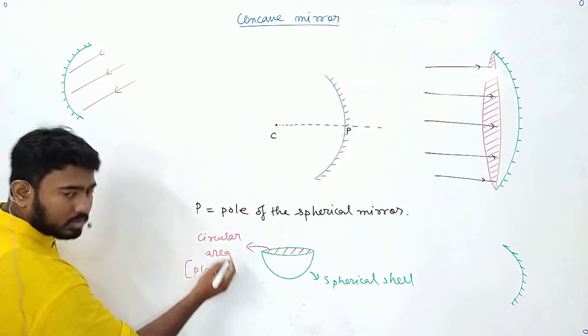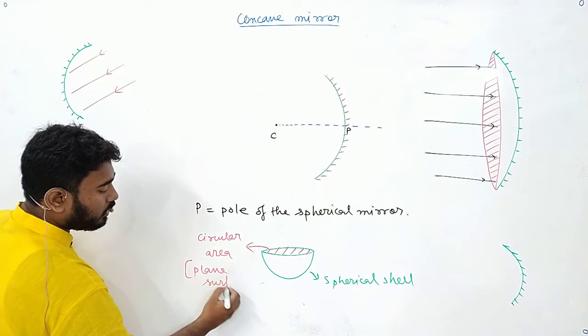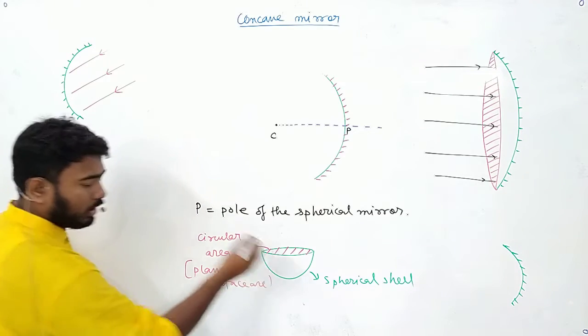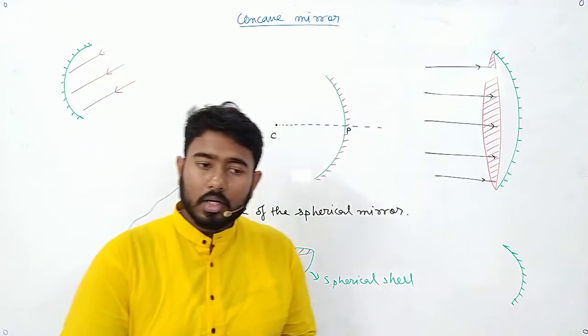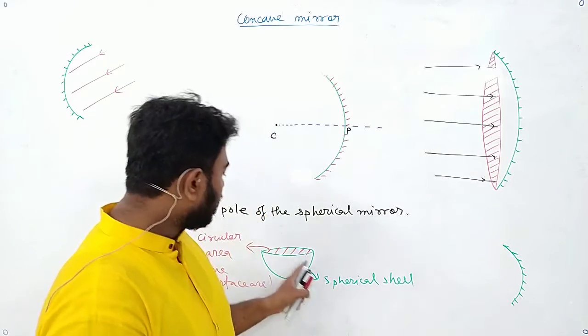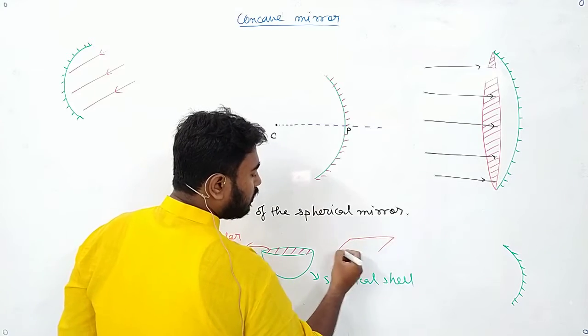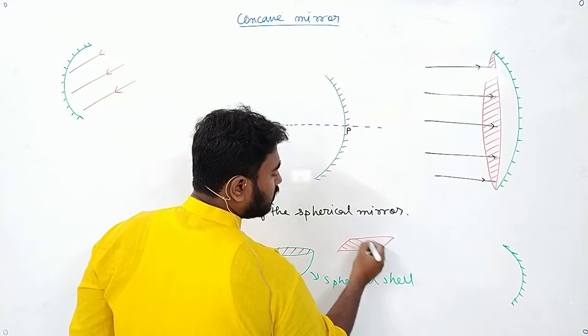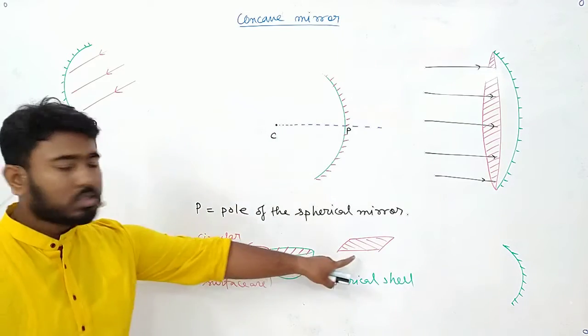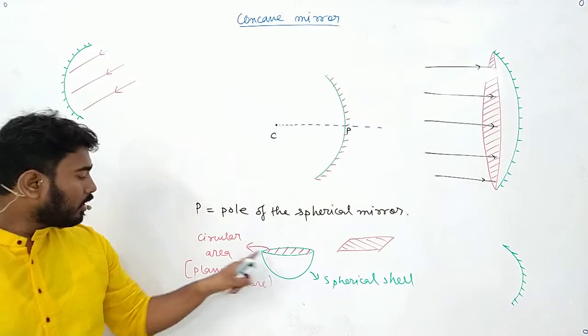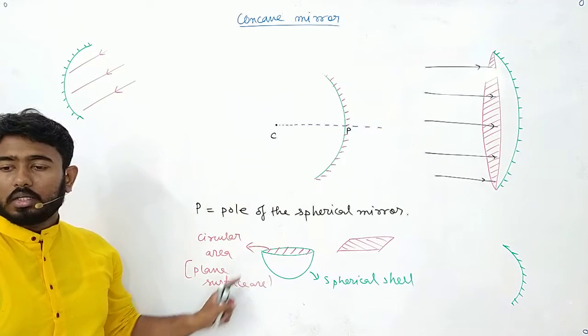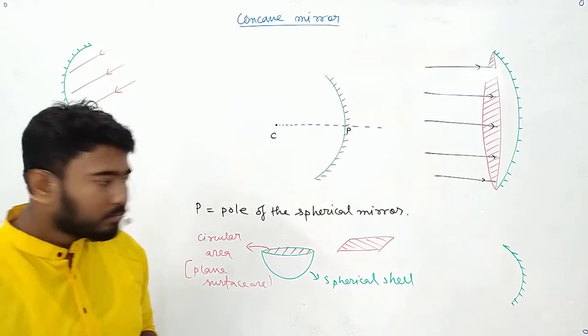It's not a square area. If it would have been a rectangular area, it would have looked like this, right? This is also a plane area. But this is a circular plane area. Is the idea clear? Okay.